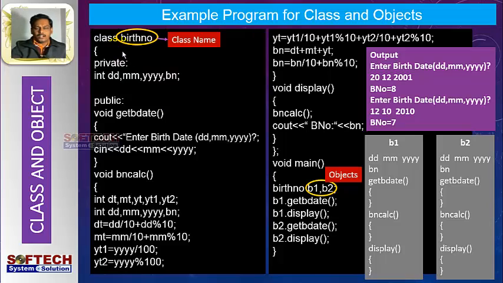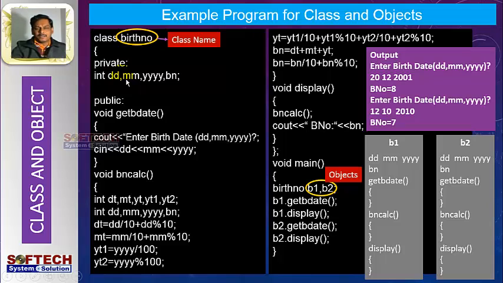Now we want to design the class to find the birth number for the given birth date. So what are the members to design this class? That is birth date. We want to get input for day, month, year.